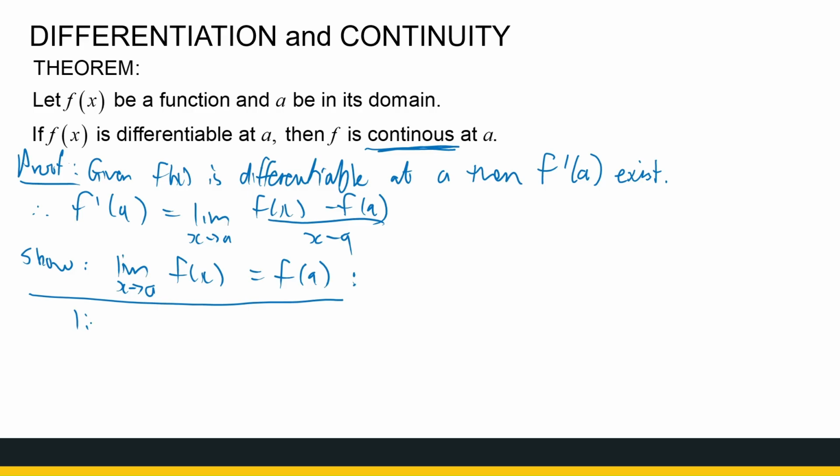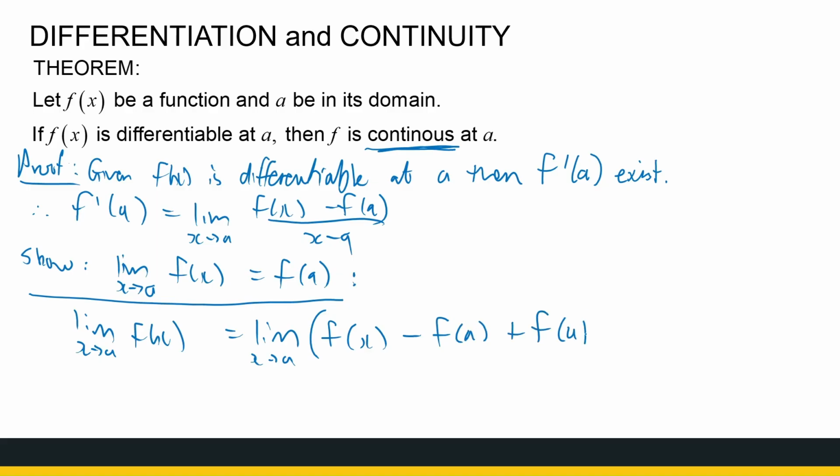So let's take a look. Let's start with the limit as x approaches a of f of x. That's the same as the limit as x approaches a of, and we're using a little trick here to get us to where we want to go, f of x minus f of a plus f of a. a is in the domain of the function, so f of a exists, so f of x is the same as f of x minus f of a plus f of a.